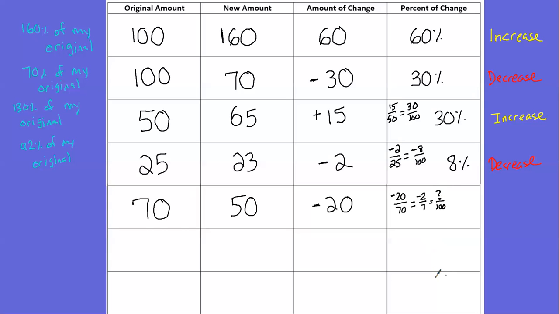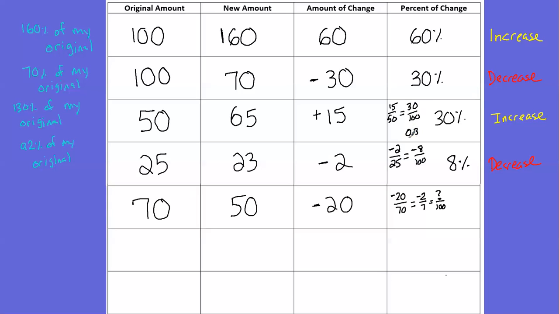One thing that's kind of neat here is that a way to think of this is, let's go back to these previous ones. When I had 15 out of every 50, I said that was the same thing as 30 out of every 100. Well, if I just divided these numbers, 30 divided by 100, that would be 0.3.